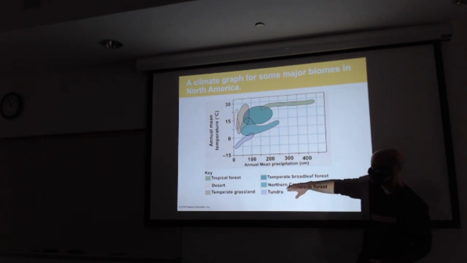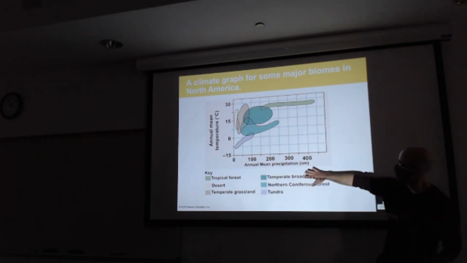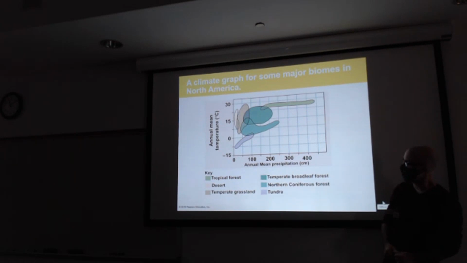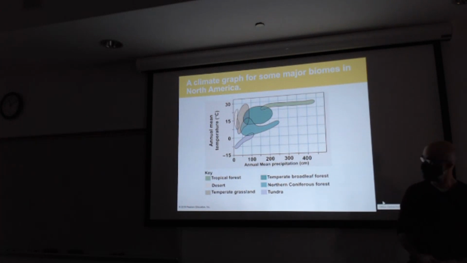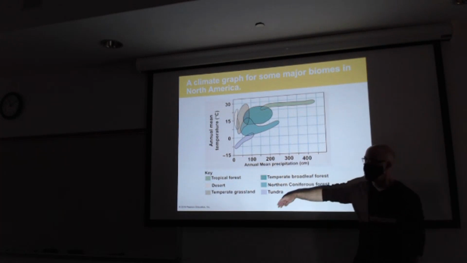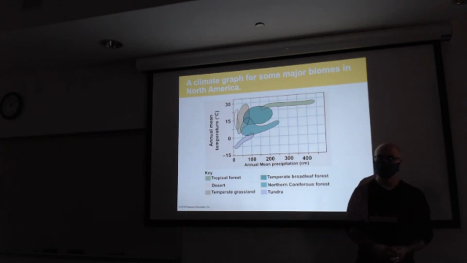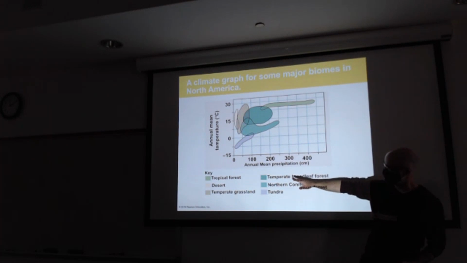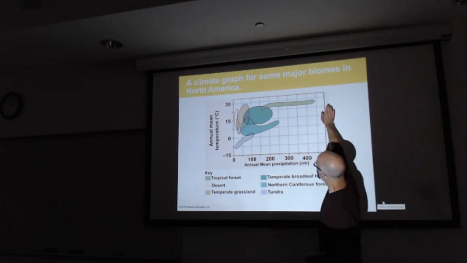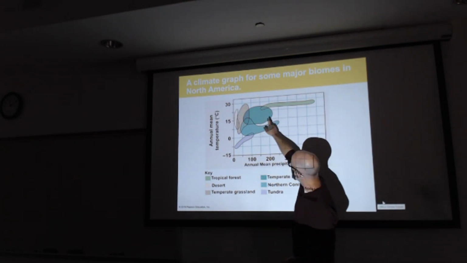And which one of these do we live in? Broadleaf? Yeah, broadleaf. So these are the oaks, maples, not needle leaves. They're broadleaves. So that would be this one.